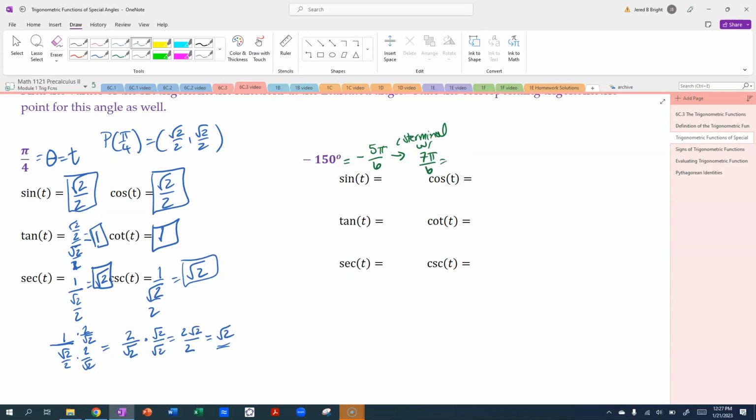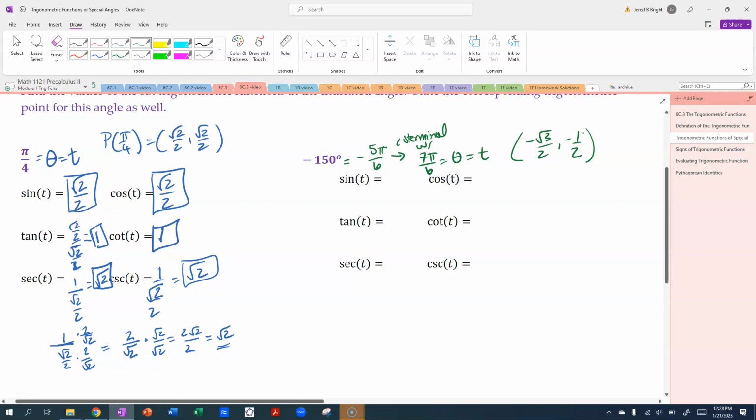This is going to be my angle theta, which is also t once I get this on the unit circle. I look at my unit circle, and this is in quadrant 3. I'd get the point negative square root of 3 over 2, comma, negative 1/2.